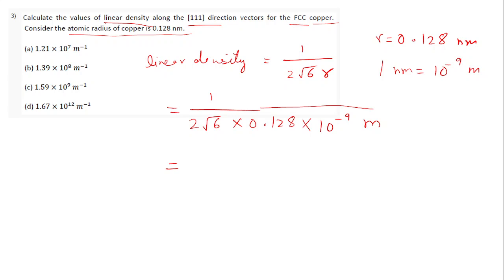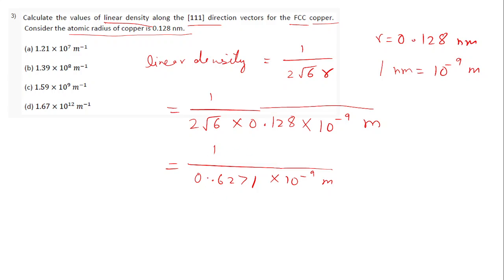Okay. And when we do this calculation, 2 times root 6 times 0.128 gives 0.6271 times 10 to the power minus 9 meter. This is all in the denominator.